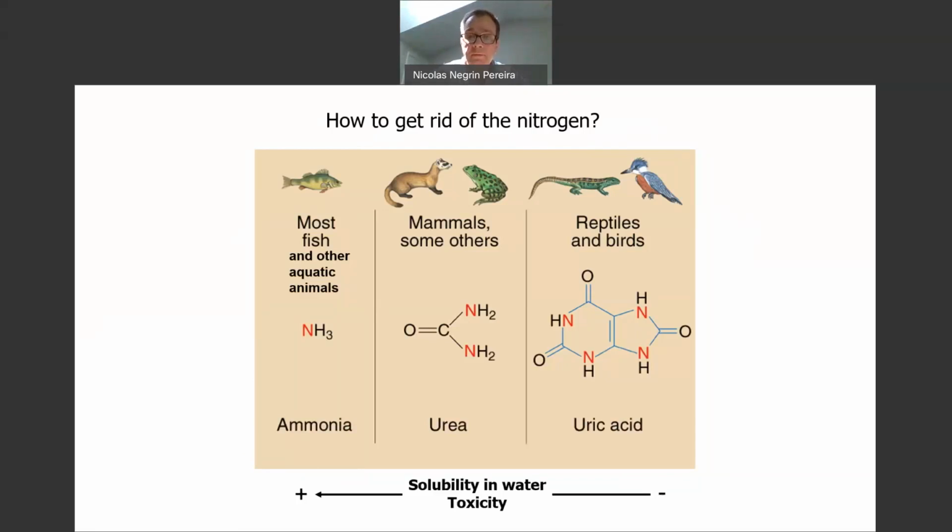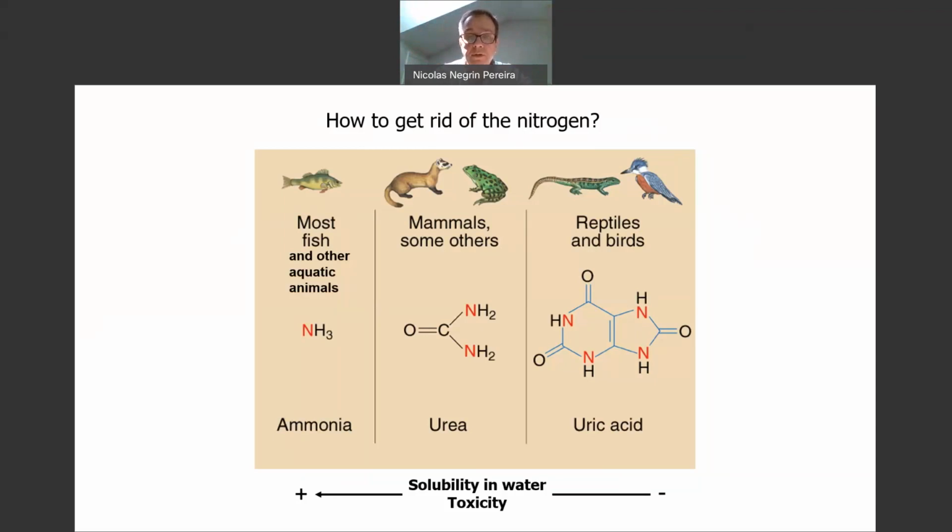But as the fish is swimming in an aquatic environment, by diffusion, and at a very low energy cost, the animal gets rid of the ammonia, not really representing a problem. Ammonia is diluted by the huge volume of water that represents this environment, so it won't constitute a problem.